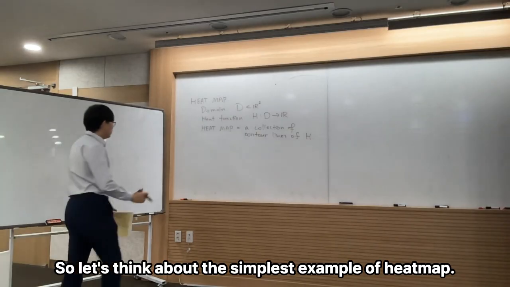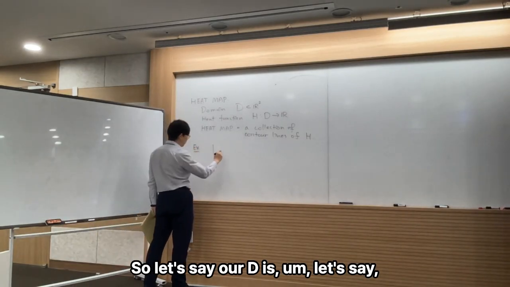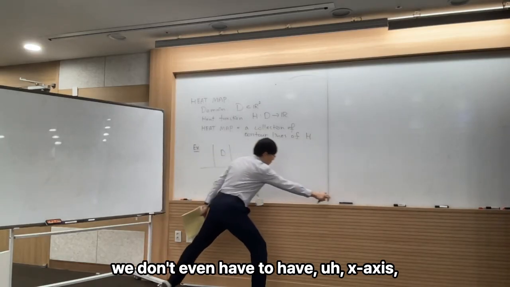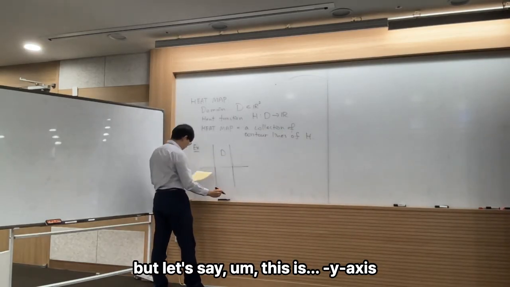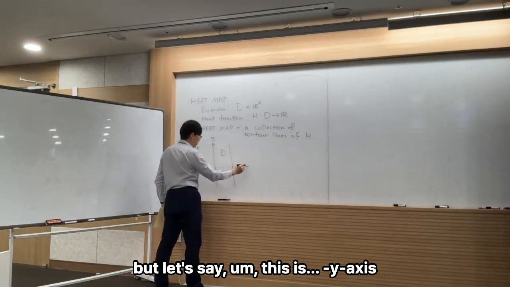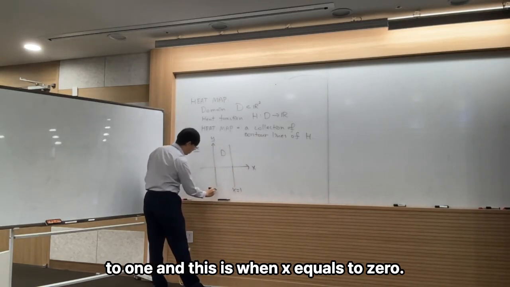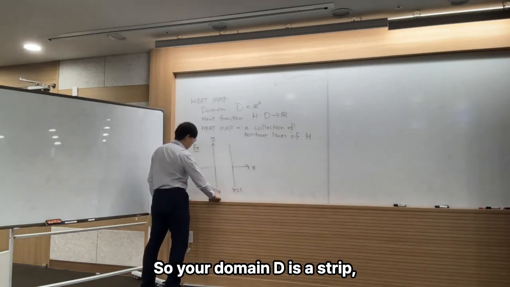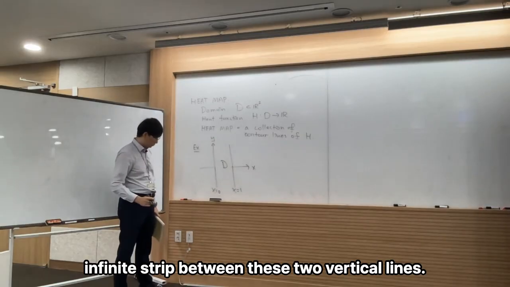So let's think about the simplest example of heat map. Let's say our D is, we don't even have to have x-axis, but let's say this is y-axis and this x-axis, and this is when x equals 1, and this is when x equals 0. So your domain D is a strip, an infinite strip between these two vertical lines.